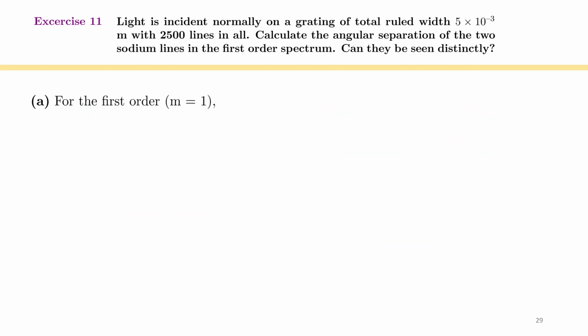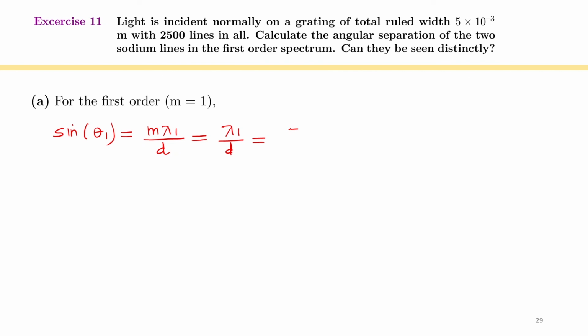For the first order, m equal to 1 and sine theta 1 is equal to m lambda 1 over d, and this is equal to lambda 1 over d.